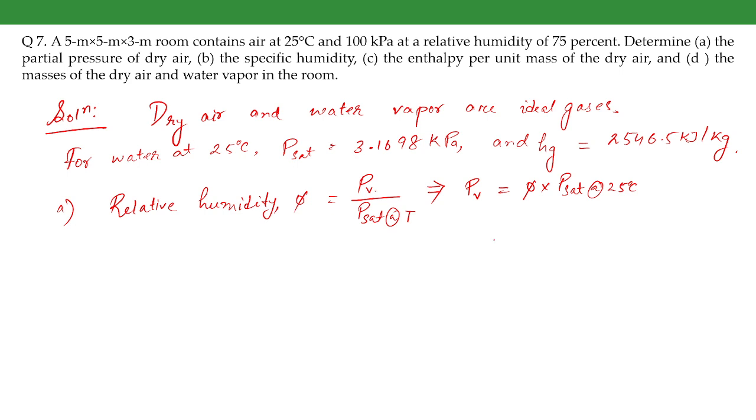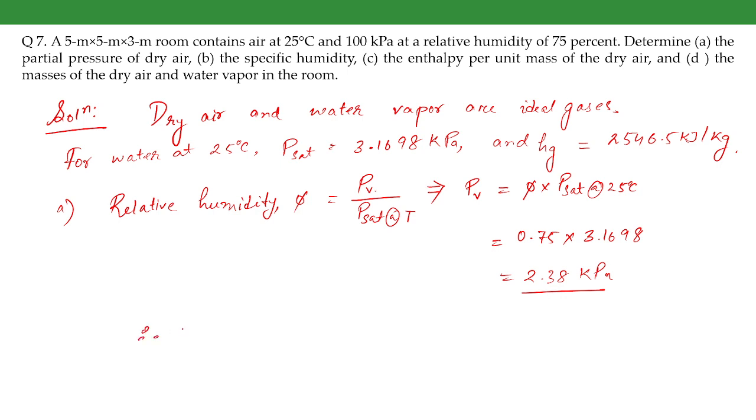Okay, so this is equal to 0.75 multiplied by 3.1698, and that is 2.38 kPa. So this is the partial pressure of vapor in the mixture.